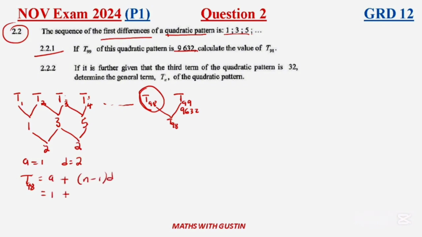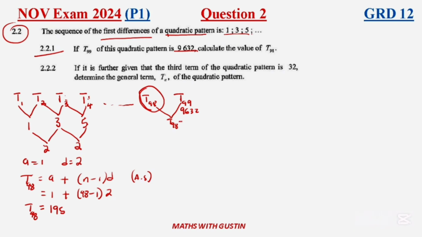First term is 1, and then T98 minus 1, and then d is equal to 2. So therefore T98 of arithmetic sequence. Guys, this is for arithmetic sequence, not for quadratic, because for quadratic we have got nothing that is given there. So this will give us, if I put this in my calculator, 195.